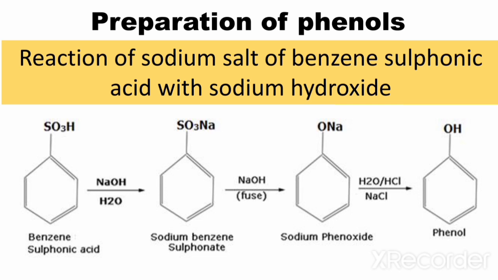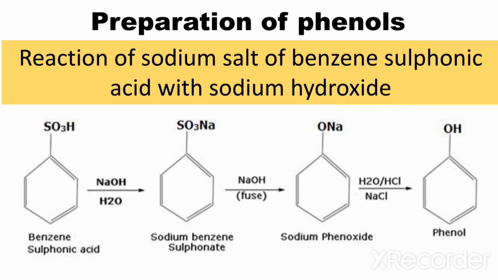Why do we use acid? We use acid to have hydrogen positive ion, which acts as a proton and can replace the sodium ion with hydrogen. When this proton reacts with the sodium phenoxide ion, it forms an alcohol, that is phenol.